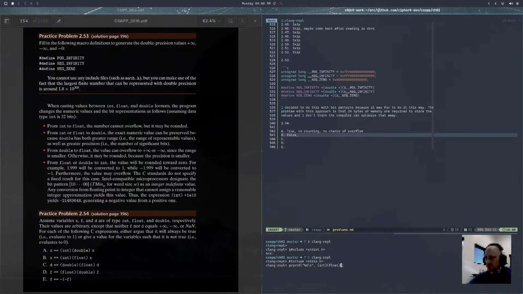So I'm going to say a very large numerical value. I'm going to say 0x7fffffff. So if we just converted that to an integer, we would get that huge value out, but when we go into a float, we lose precision.